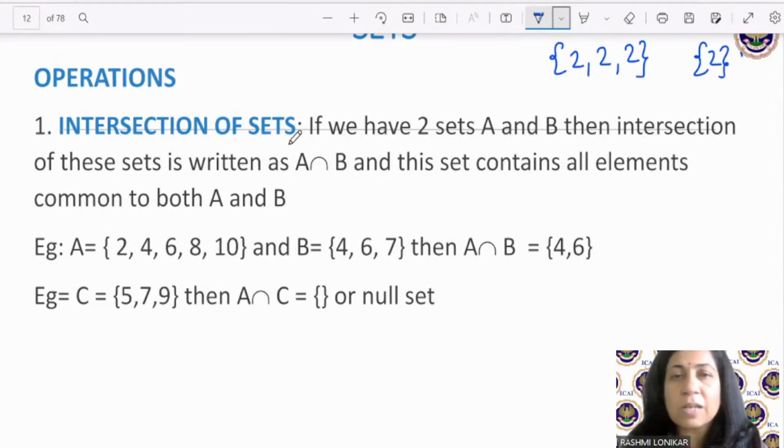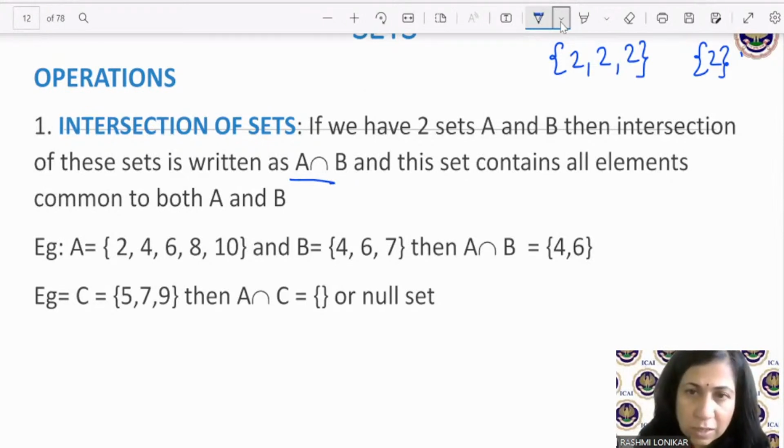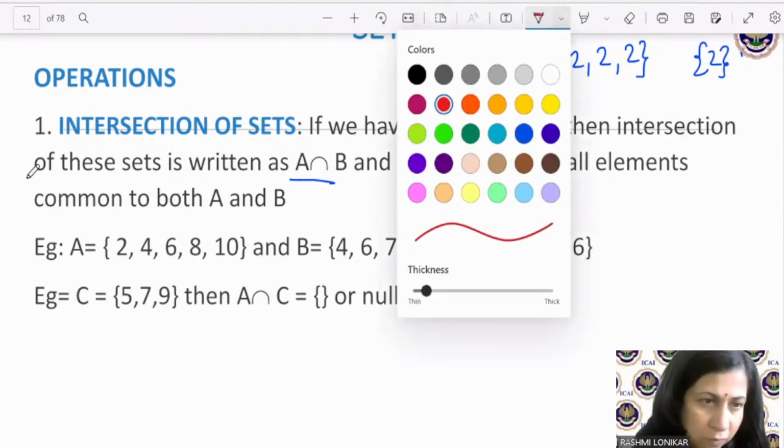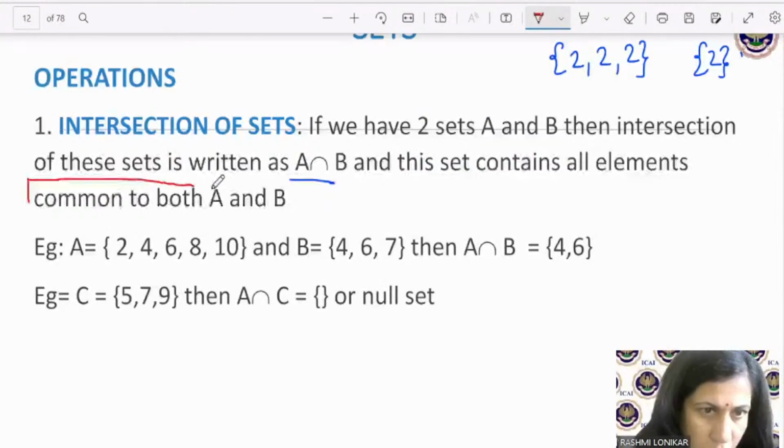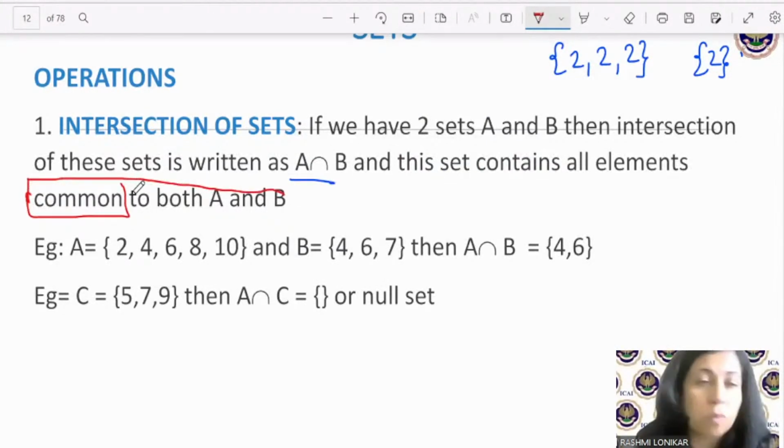Similarly, intersection. What is intersection? If I have two sets A and B, then the intersection is written like this, and it will contain all elements, very important to understand, which are common to both A and B. The important word is common. Now let us take this example. A is 2, 4, 6, 8, 10 and B is 4, 6, 7.